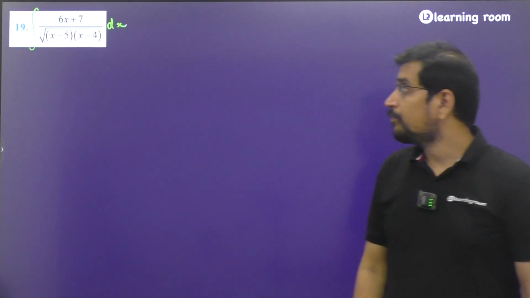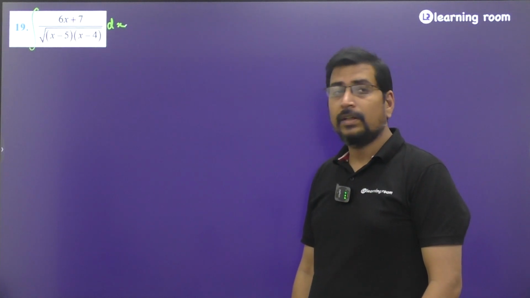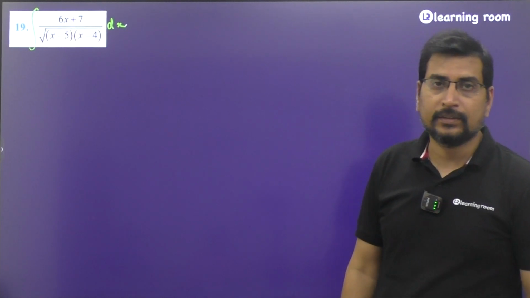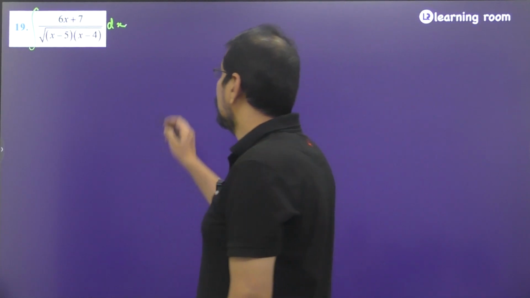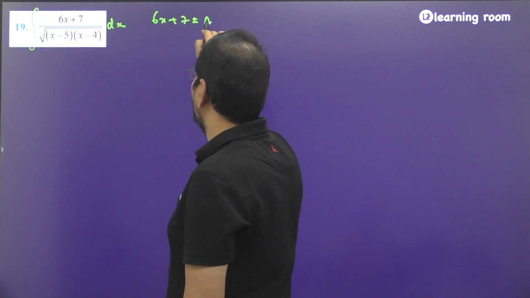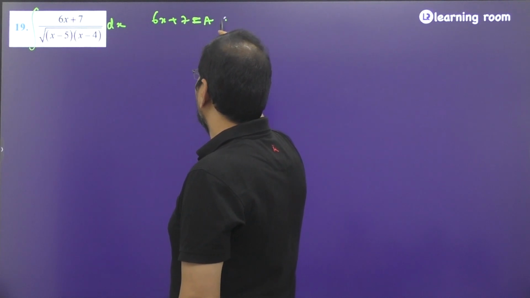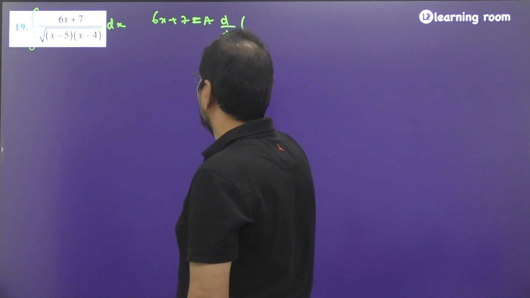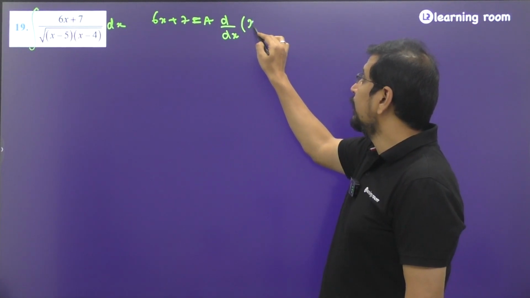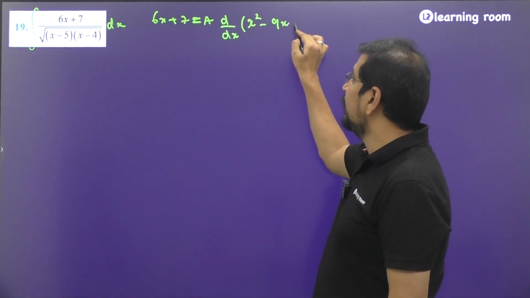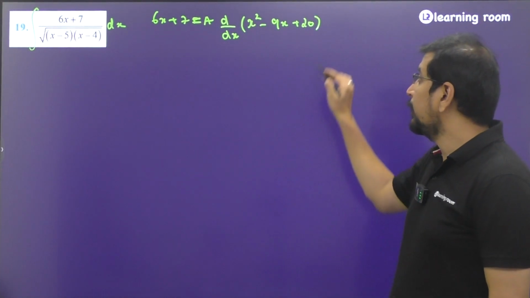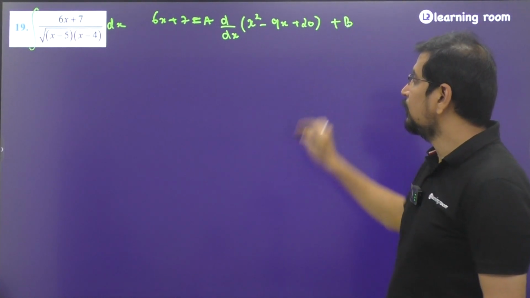So the question is integral of 6x plus 7 divided by root x minus 5 into x minus 4 dx. Right. Again, we will write 6x plus 7 is equal to a into d by dx of the product of this. So when you do the product of this, you will get x square minus 9x plus 20, so x square minus 9x plus 20 plus b.